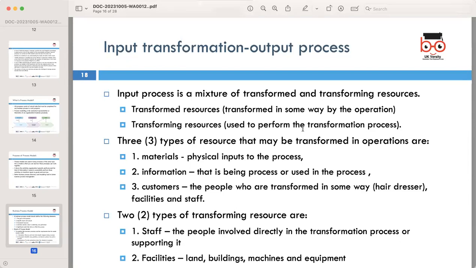On the other hand, transforming resources are used to perform the transformation process. They include staff, people directly involved in the transformation process or supporting it, and facilities, for example, land, buildings, machines, and equipment.